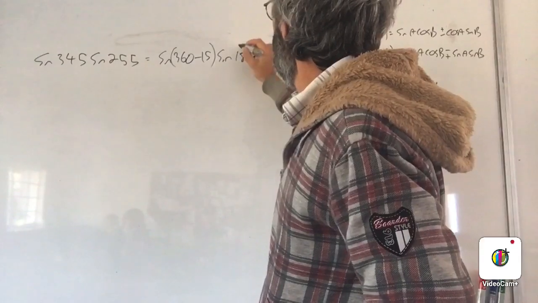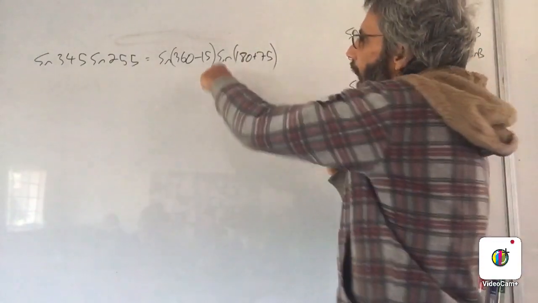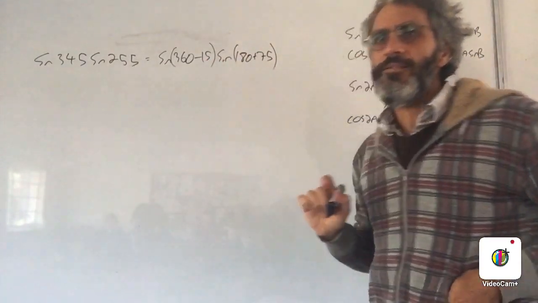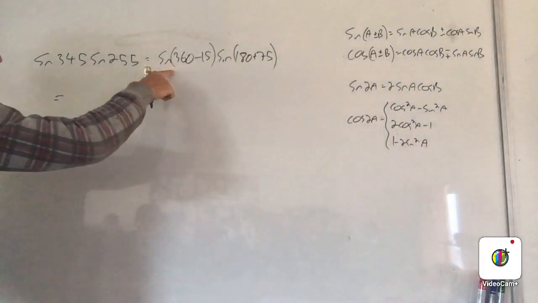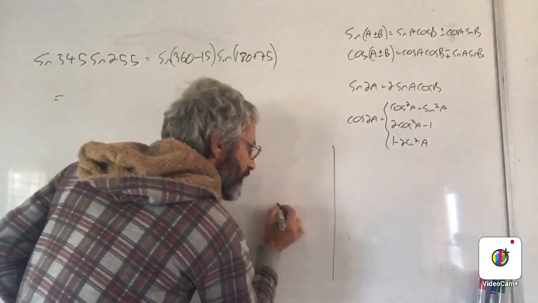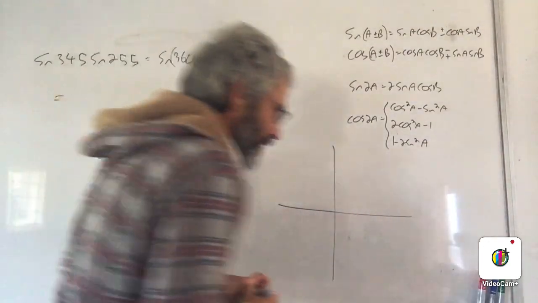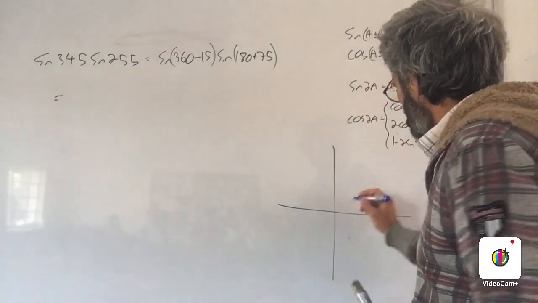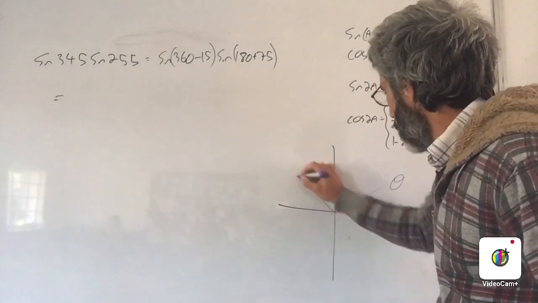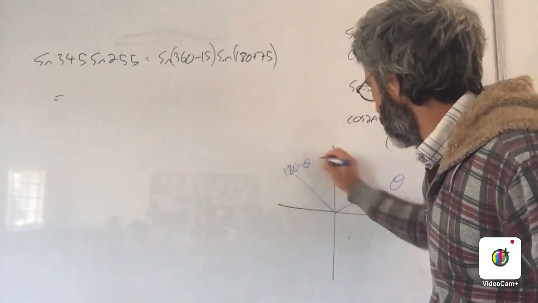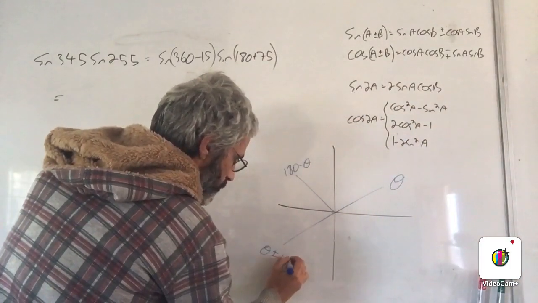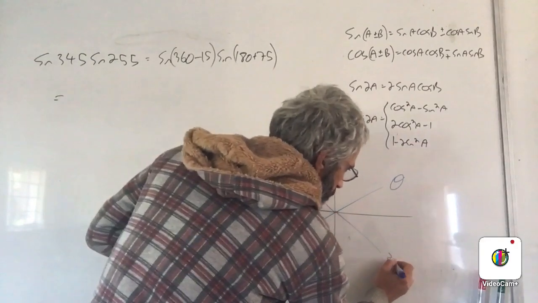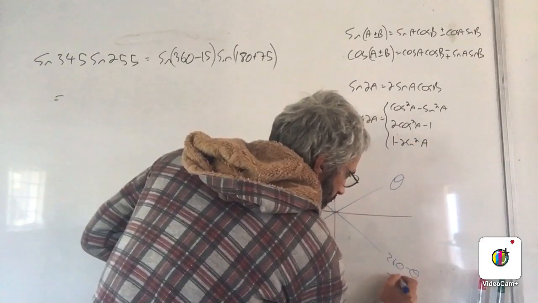Now the 15 and the 75 are in the first quadrant, so I can write down what happens. I must always do that for me, even if it's not for you. We've got theta here, 180 minus theta, theta plus or minus 180, and 360 minus theta, or actually minus theta.